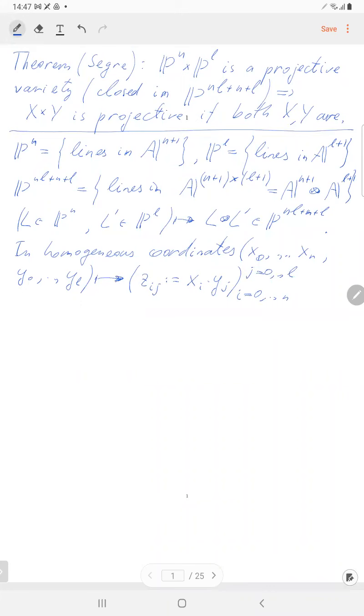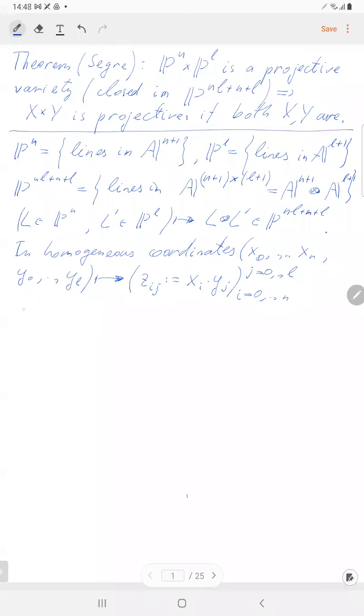Now, how do we prove that this makes sense? Well, we know that the projective space is an algebraic variety, and at least by one of the constructions, it was covered by the basic open subsets, all isomorphic to affine spaces. And so we can check that this is a morphism in those basic affine spaces.